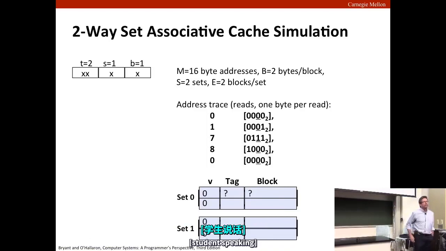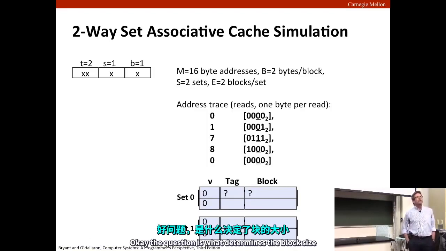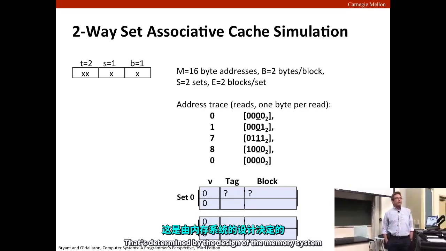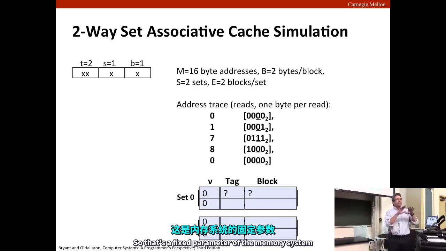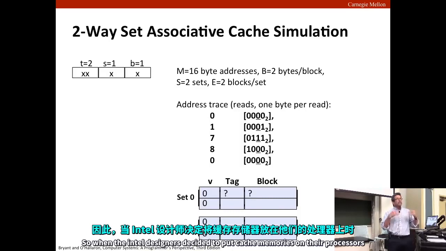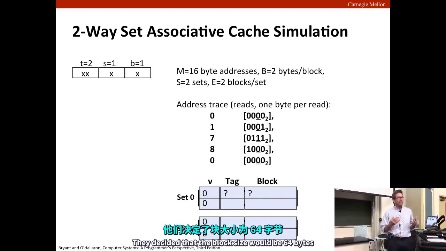Yes? Is the block size determined by the number of lines per set? Okay, the question is what determines the block size? That's determined by the design of the memory system. So that's a fixed parameter of the memory system. When the Intel designers decided to put cache memories on their processors, they decided that the block size would be 64 bytes.